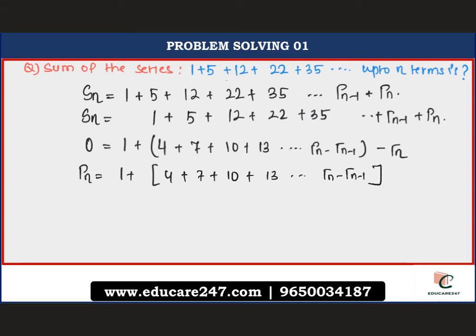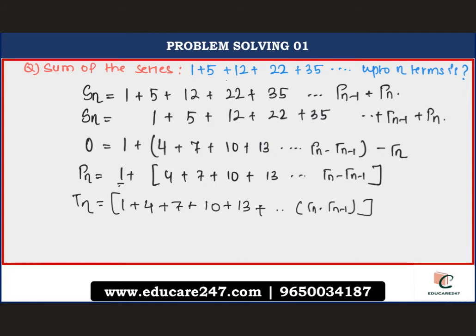But if you closely observe, even this 1 can be included in this series because the common difference is constant. So we will have a series of n terms properly. If we rearrange, 1 plus 4 plus 7 plus 10 plus 13, up till the tn minus 1 term.